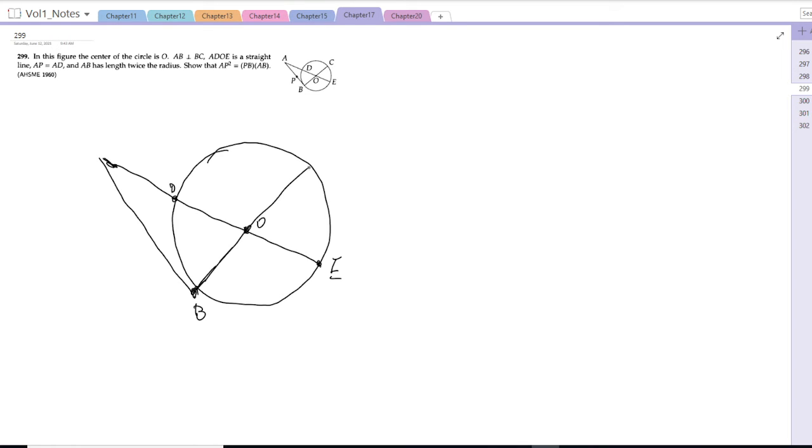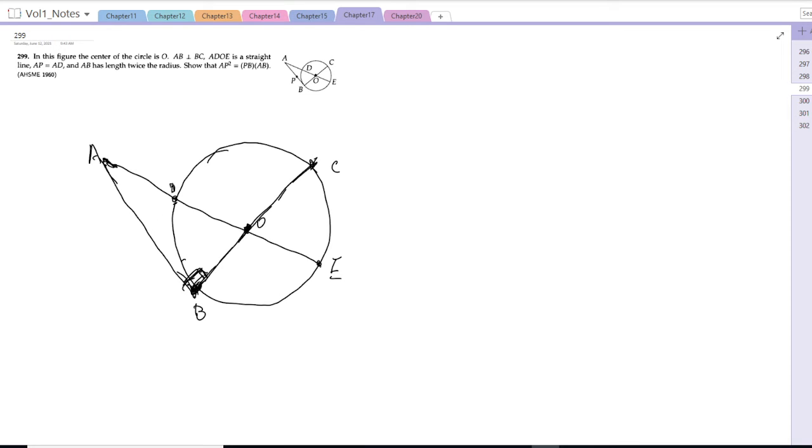Because AB is perpendicular to BC, you know the line passing through B, O, C intersects at O, so that means AB is a tangent line, okay? Because this is 90 degrees, this must be a tangent line, so that's why AP is equal to AD.